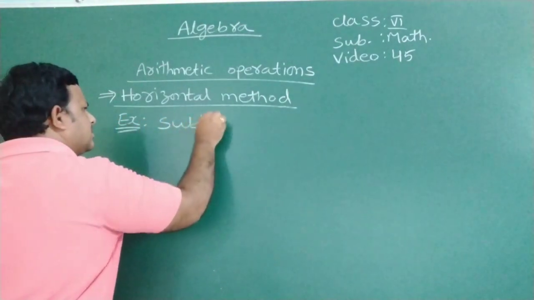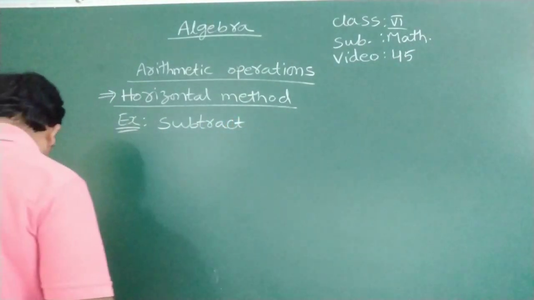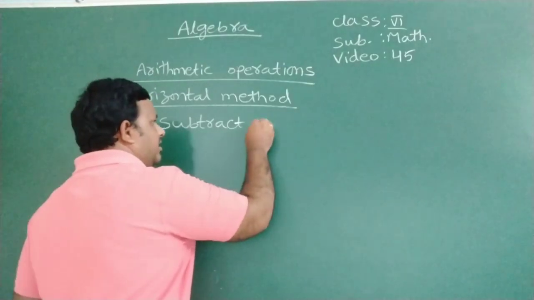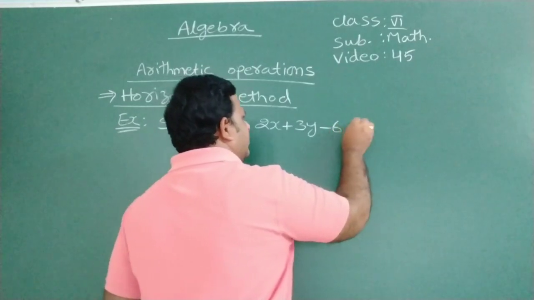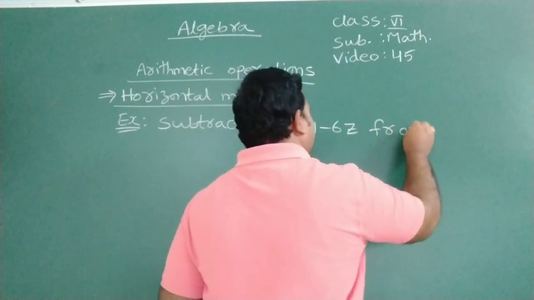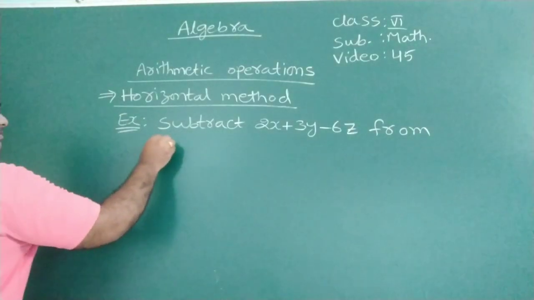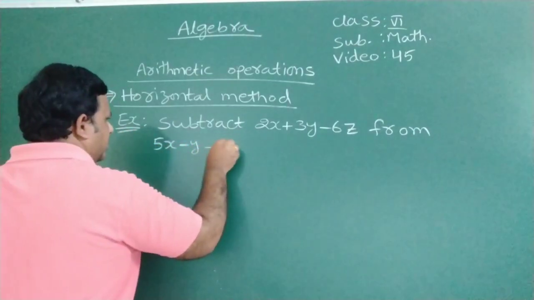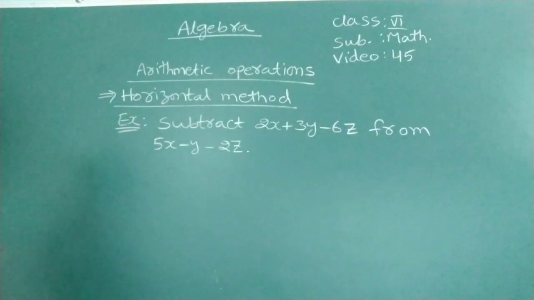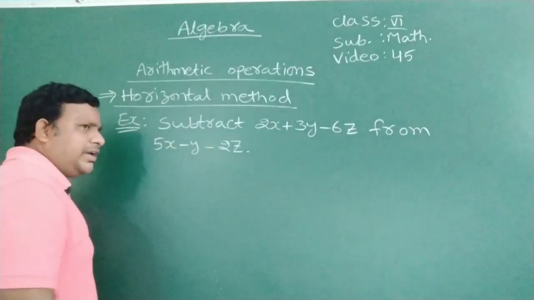Subtract 2x plus 3y minus 6z from 5x minus y minus 2z.